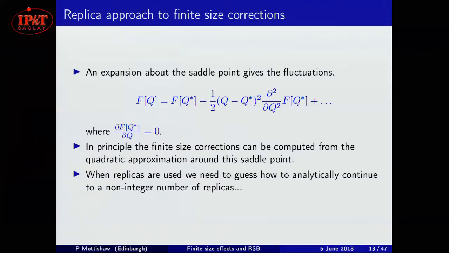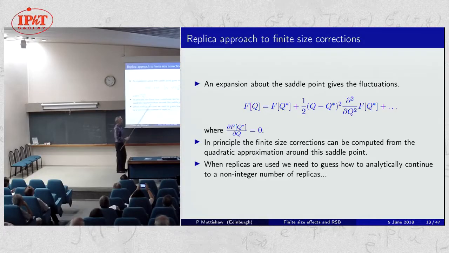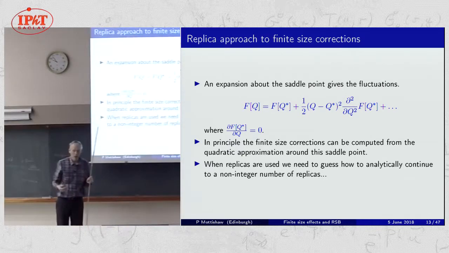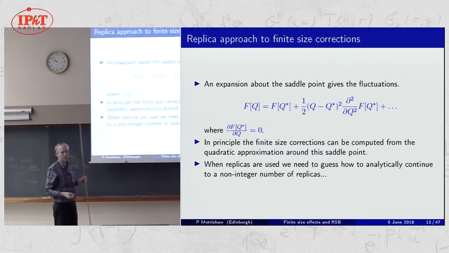You then can look at fluctuations about the saddle point Q star, and you get something of this quadratic form.